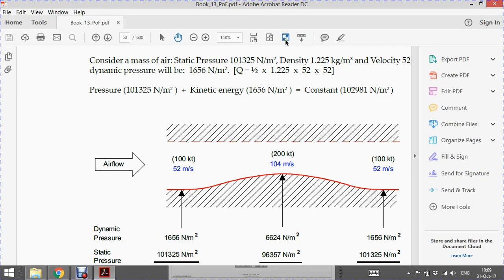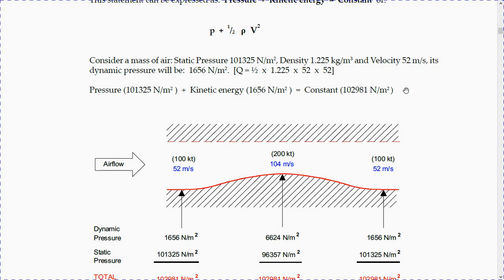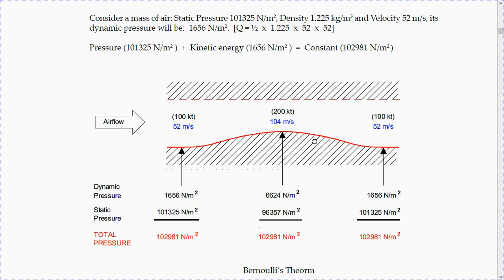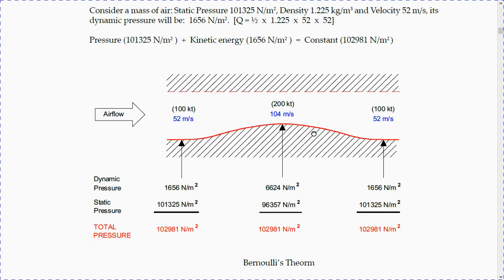So this is the constant value of the newtons per square meter that this air is applying. So as we can see here, static pressure and dynamic pressure always have to give the total pressure of a constant.